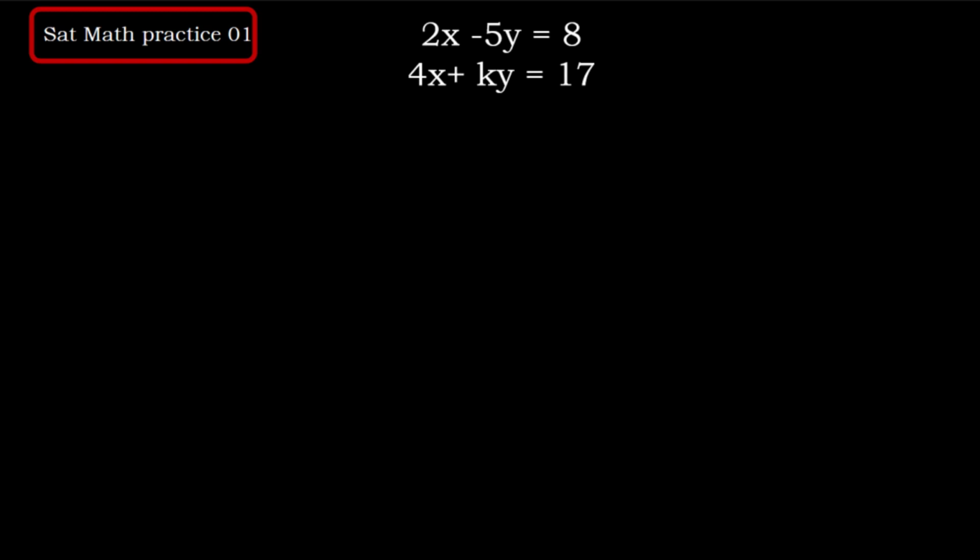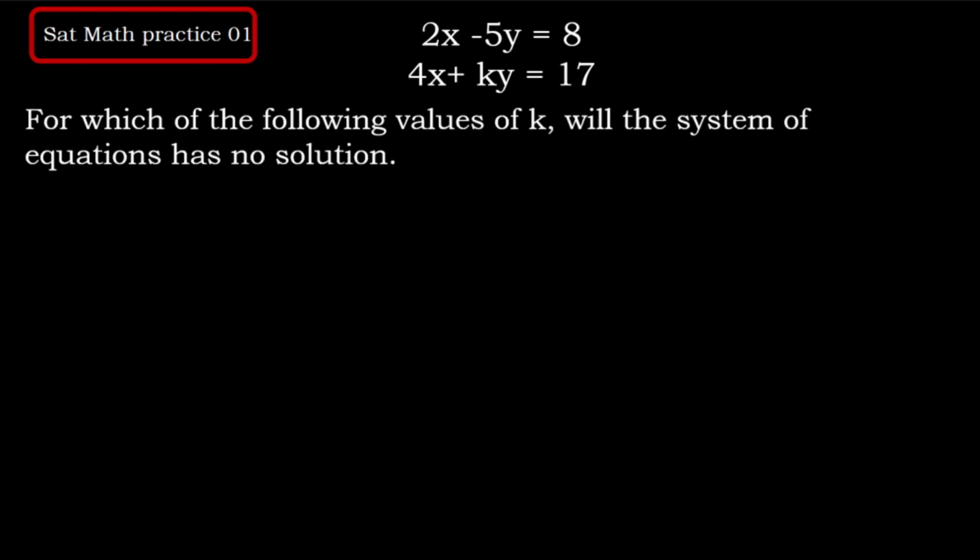Practice number 1. If 2x minus 5y equals 8 and 4x plus ky equals 17, for which of the following values of k will the system of equations have no solutions? He is asking here about the value of k.